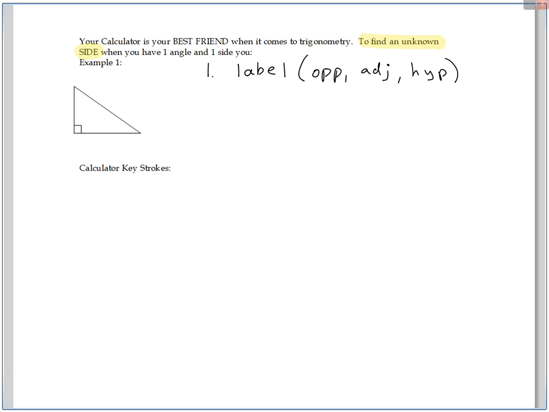So now we're trying to find an unknown side. So first thing you're going to do is you're going to label. And then number 2, you're going to set up the appropriate equation. And what do I mean by appropriate?